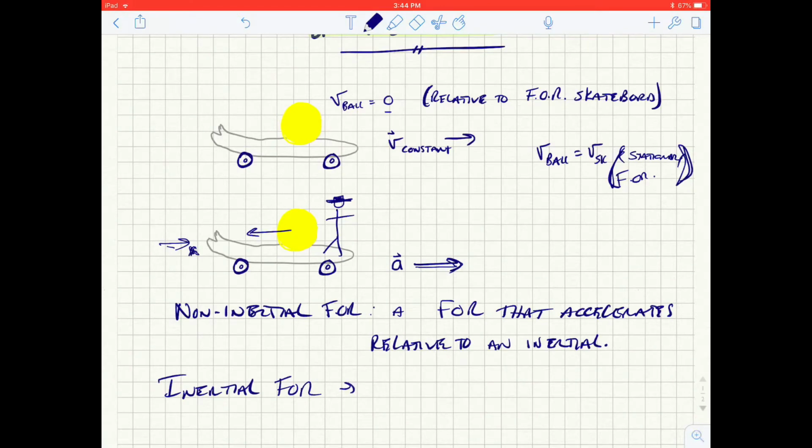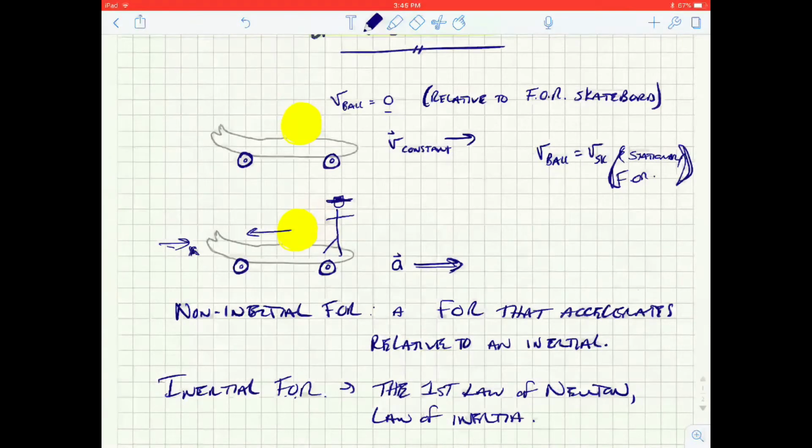What inertial frames of reference means is that the first law of Newton, the law of inertia, is true. It holds, it makes sense that an object will continue to stay at rest or at constant velocity until acted upon by an outside unbalanced force.